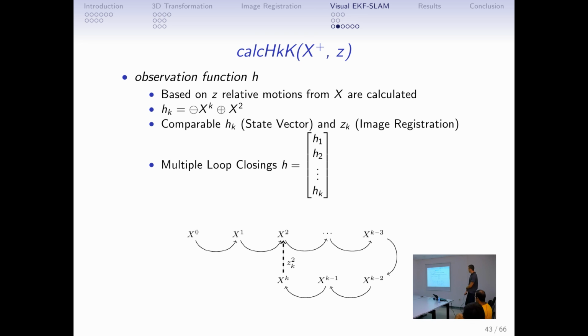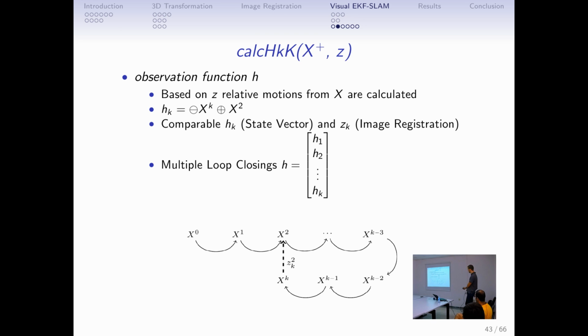The observation function h and observation matrix are both calculated in the pseudocode in the function calc HKK. We have now information from the image registration, which is telling us that between this image of this state and this image of this state, we have an overlap and an image registration, so a 3D transformation. So now we start to look up the states corresponding to these images, so xk and x2, and we calculate the relative transformation as seen here.